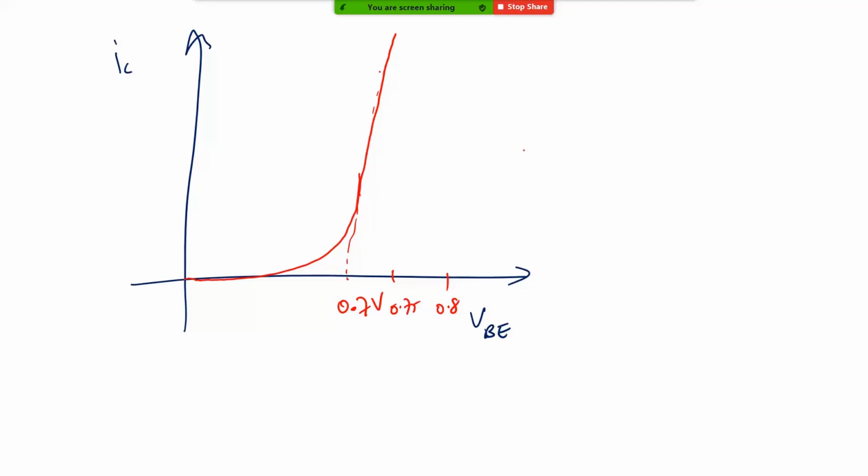Now, assuming that breakdown and other things don't happen, just for a moment, just assume that it can give limitless amounts of current. Let's say this value is some 1 milliamp and this is some 10 milliamp, and somewhere here is 100 milliamps and so on. Now at 0.8, let's assume your IC becomes some 1 ampere of current or something.